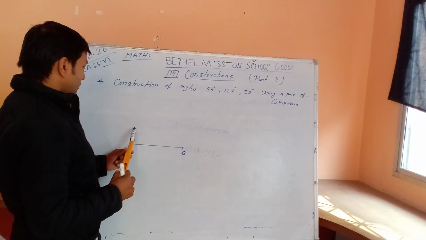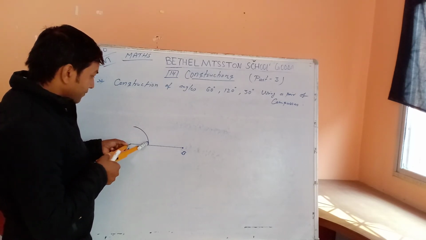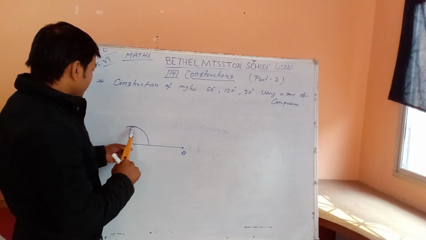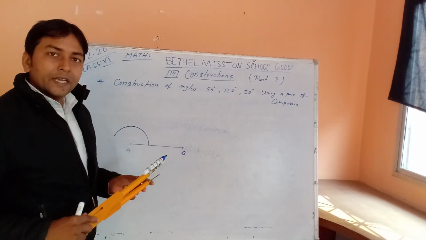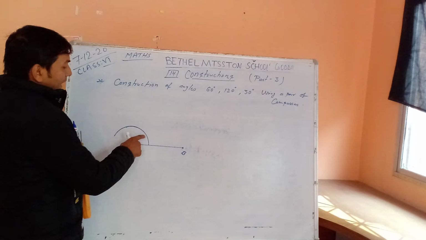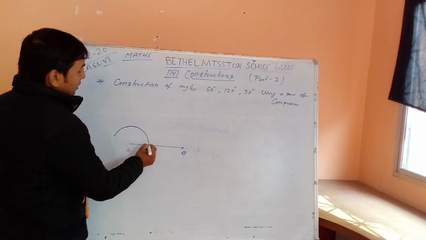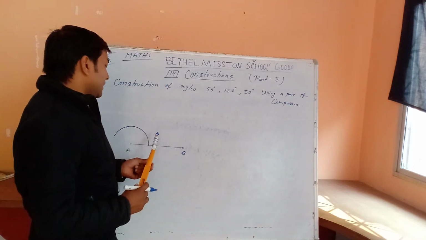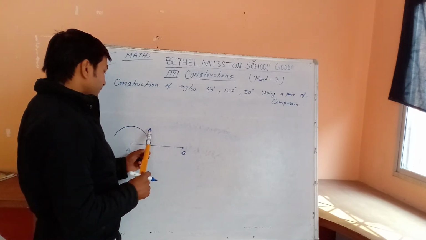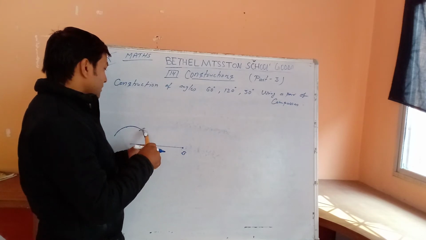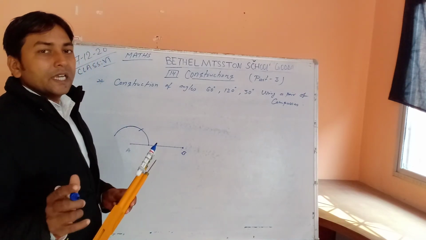So the semicircle or the arc cuts AB at one point, and now you have to take that point as center and cut once.